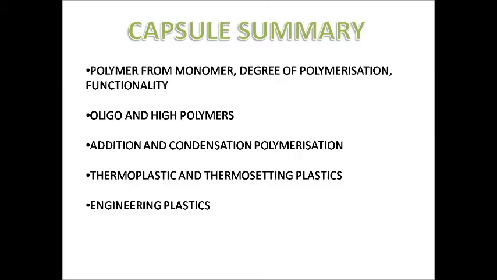We learned what degree of polymerization, functionality, oligopolymers, high polymers, and homochain polymers are, how they differ from heterochain polymers, and we also took a sneak peek into the polymerization types, addition and condensation polymerization. We're now in a position to appreciate that condensation polymerization mechanisms always have a byproduct associated with them apart from the regular polymer formed.